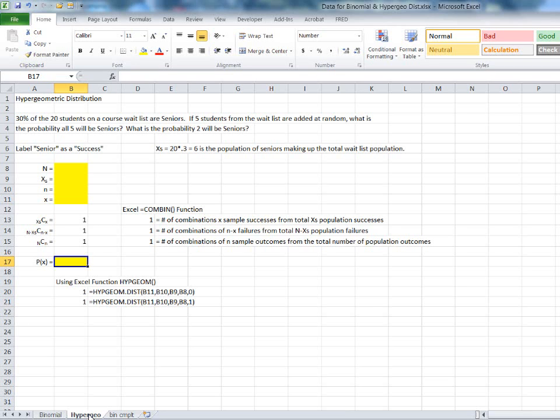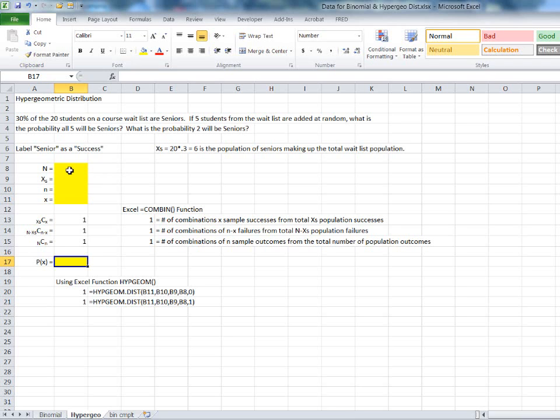What is the probability that all 5 will be seniors? Obviously, as we keep picking either a senior or a non-senior, the probability of success and failure is going to change. So that's why we can't use the binomial distribution.